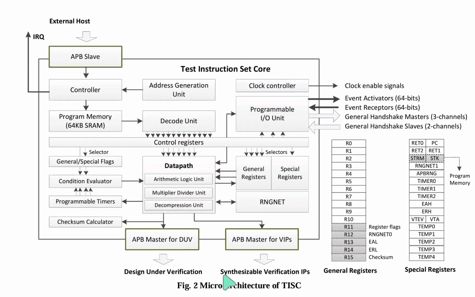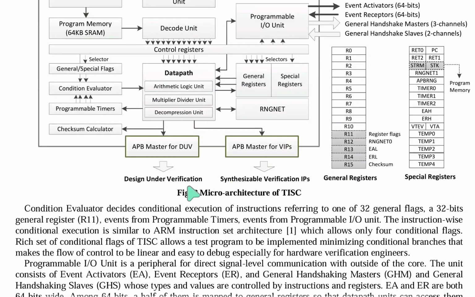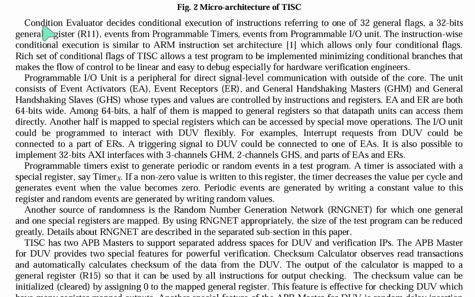Figure 2 is the microarchitecture of TISC. The condition evaluator decides conditional execution of an instruction, referring to one of 32 general flags: a 32-bit general register R11, events from programmable timers, and events from the programmable I/O unit.